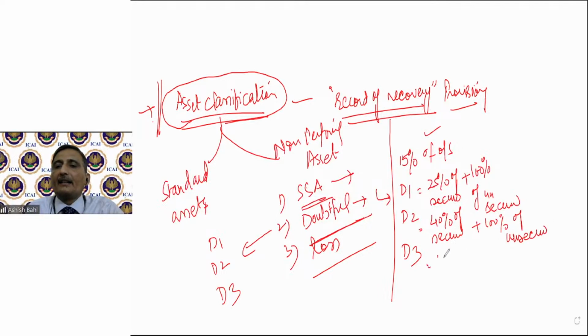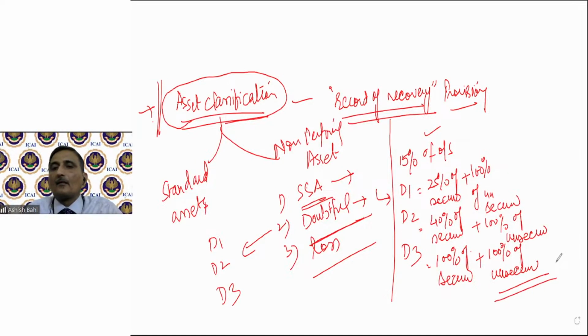And in D3, it is 100% of the secured amount plus 100% of the unsecured amount. It means complete provision has to be made. And in loss assets, again 100% of provision is required to be made.